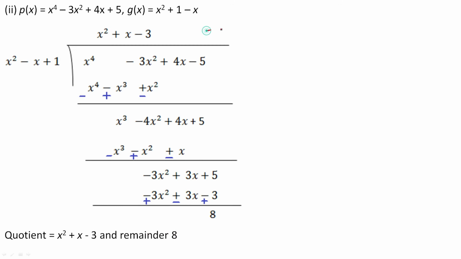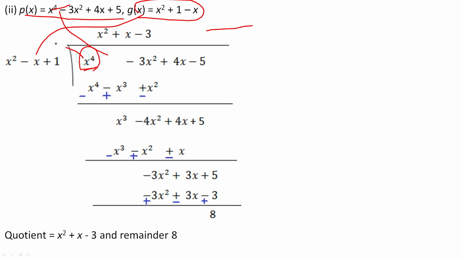Second question, p of x equal to x power 4 minus 3x square plus 4x plus 5. G of x is given. We are going to divide, so write p of x here, g of x here. Here x power 4 divided by x square.